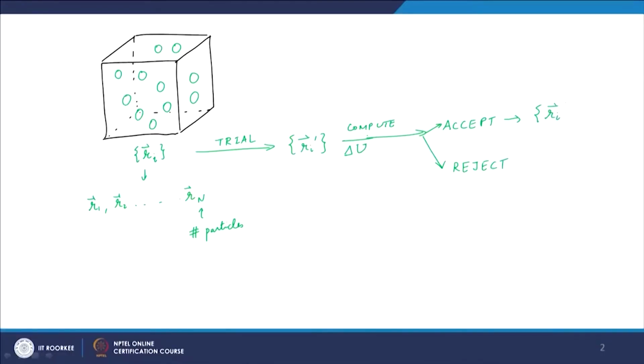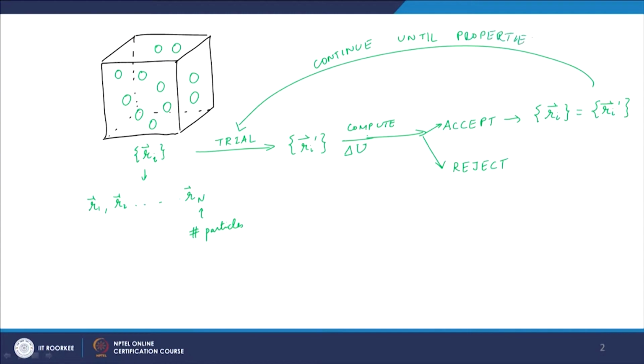If we accept it, then we set our Ri equal to Ri prime, and we go back to making a trial again and continue until properties of interest converge.